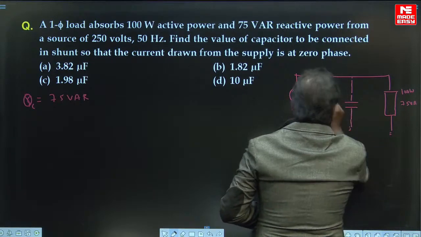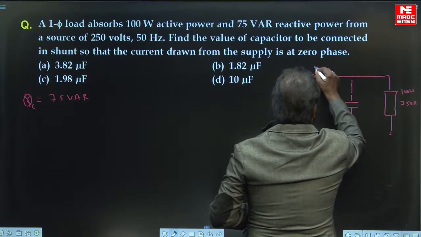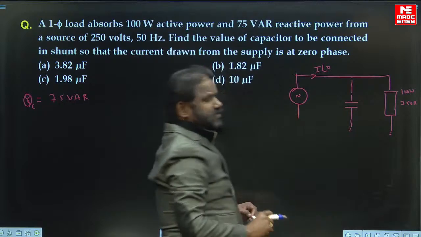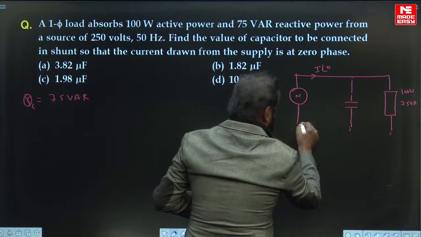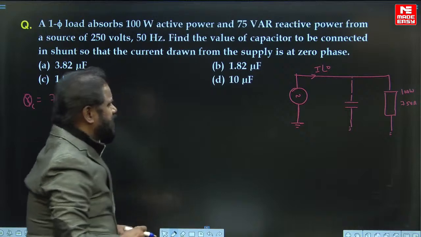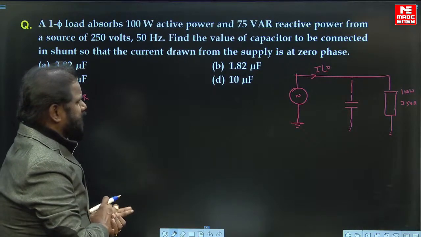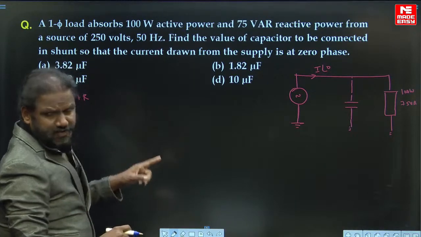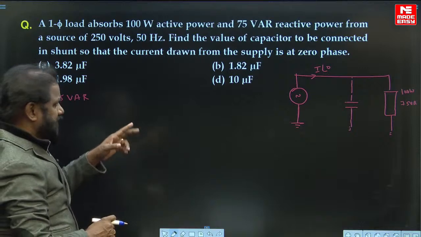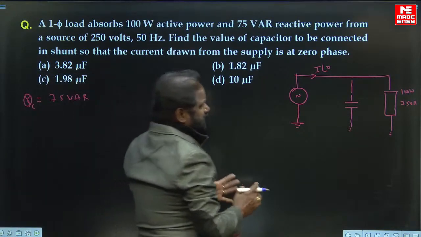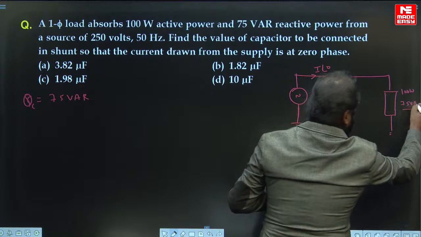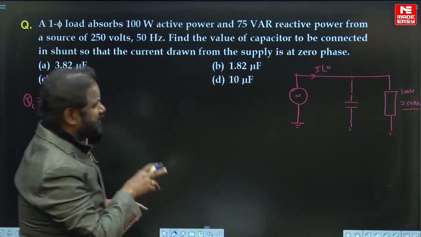The current coming from the source is at zero phase shift, which means the source should not supply any reactive power. The source should not supply any reactive power means the total reactive power required by the load should be compensated by the capacitor itself. Therefore, the total load-absorbed reactive power of 75 VAR is to be compensated by the capacitor.